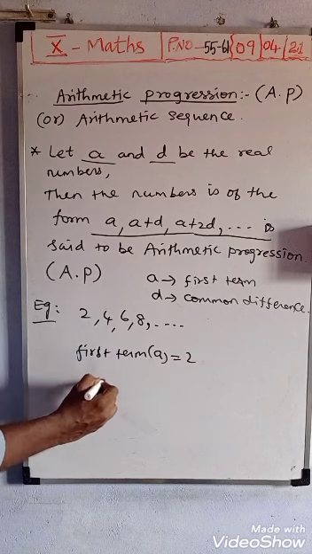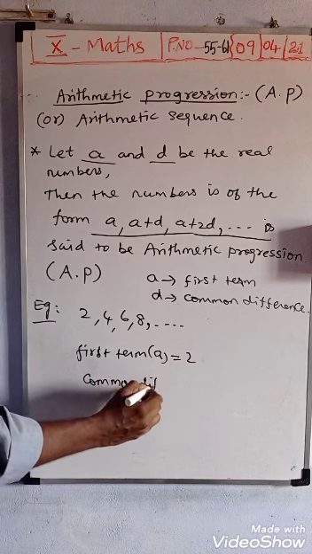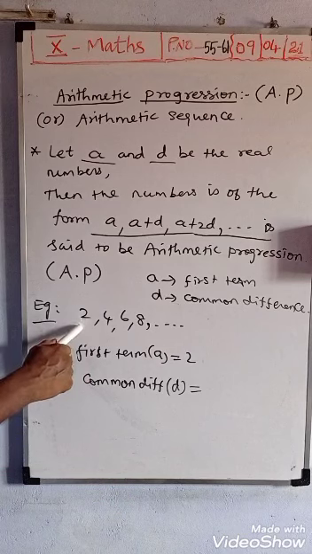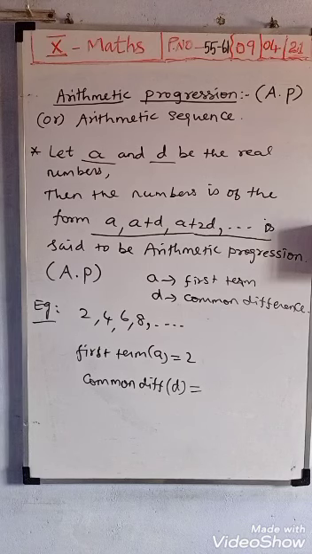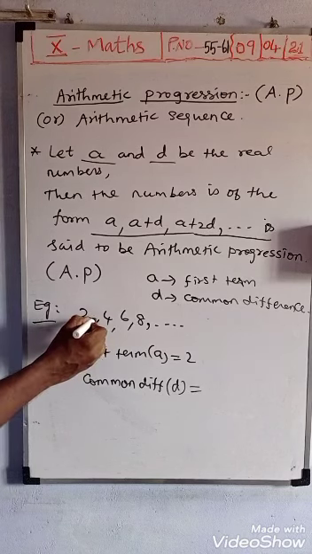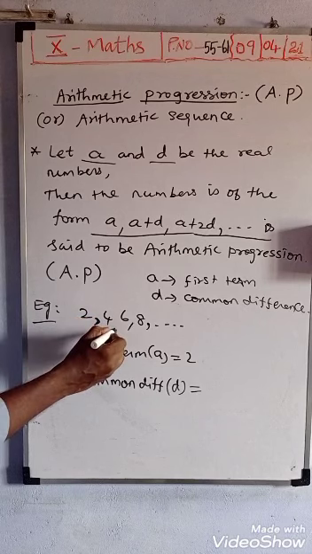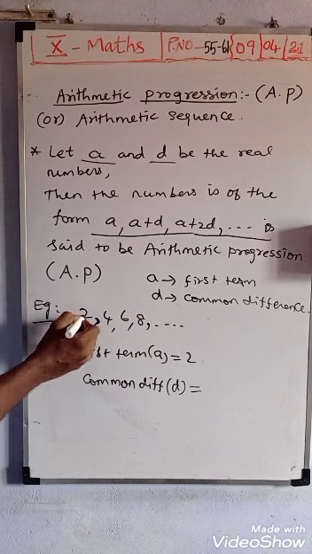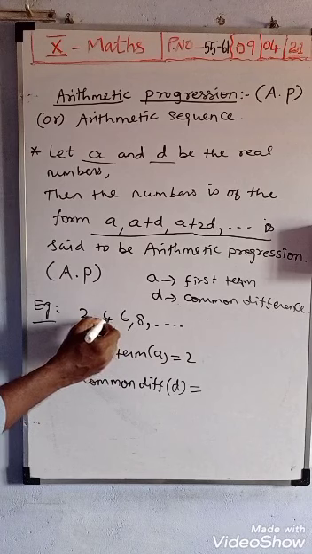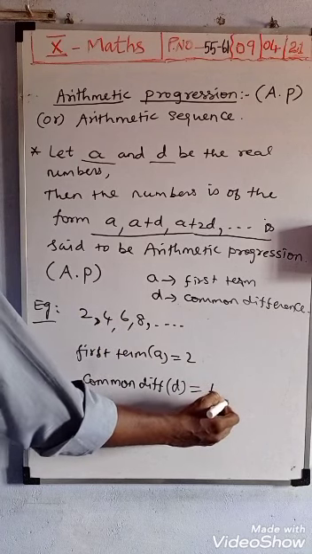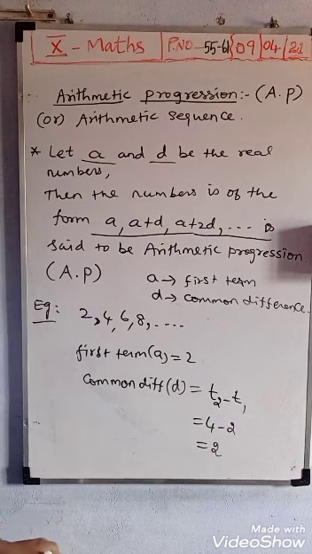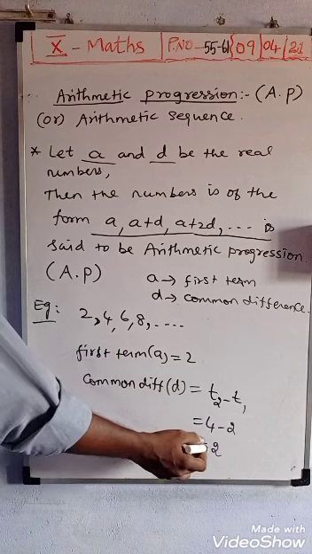And to find the common difference D, you should subtract the first term from the second term. Already we know a sequence is written in the form A1, A2, A3, up to An. In an arithmetic progression the terms we can write as T1, T2, T3, T4, up to Tn. Then the common difference D is the second term minus the first term, T2 minus T1. So 4 minus 2 we get 2. Now A is 2 and D is also 2.